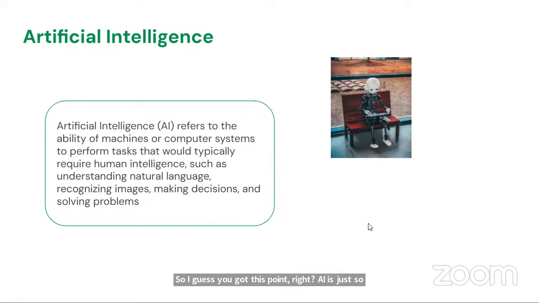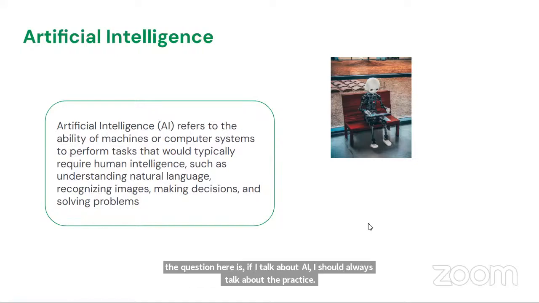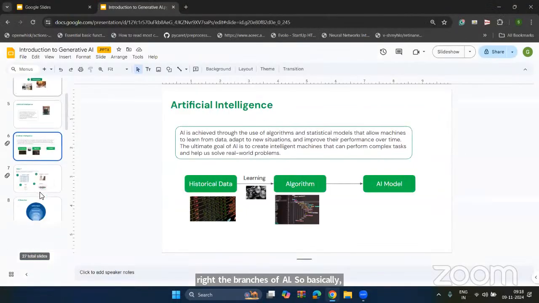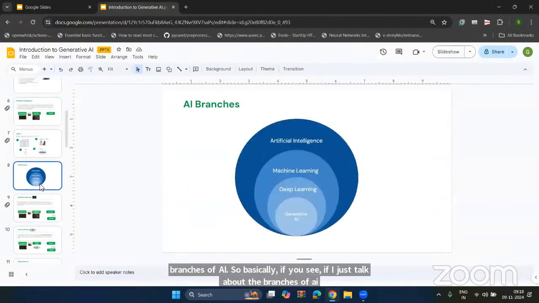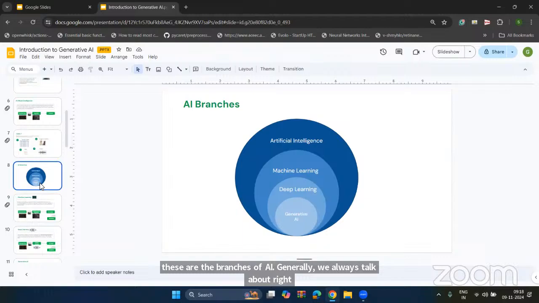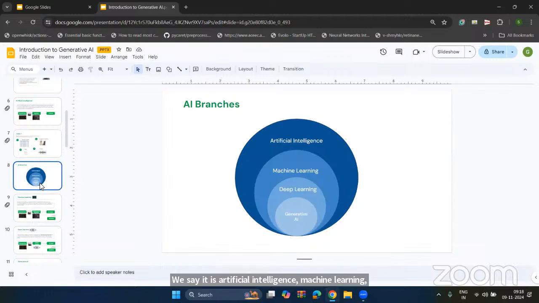Now the question here is, if I talk about AI, I should always talk about the branches of AI. Generally, we talk about artificial intelligence, machine learning, deep learning, and here comes a new branch called generative AI.